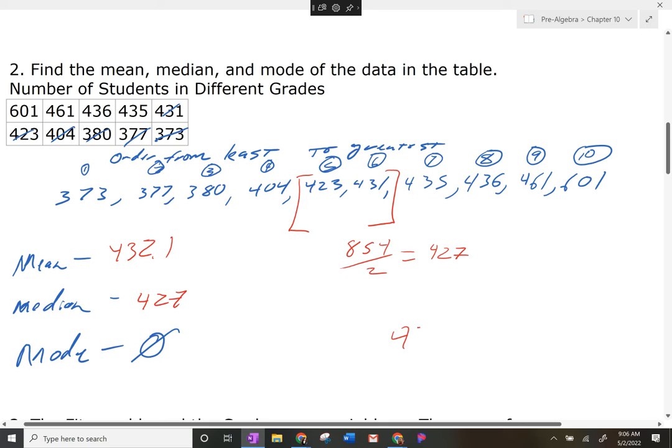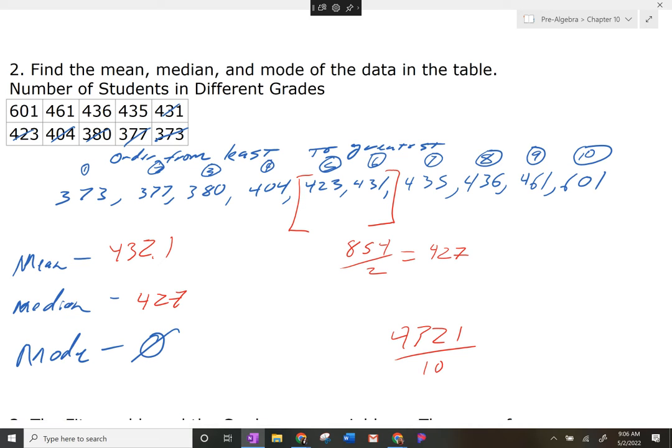You should have gotten 4321 divided by 10 total numbers, and then divided it by 10. Mary got it, I got it. There's a couple of people that raised their hands that were very confident. I loved it. The mean, the average number inside this data set should have been 432.1.